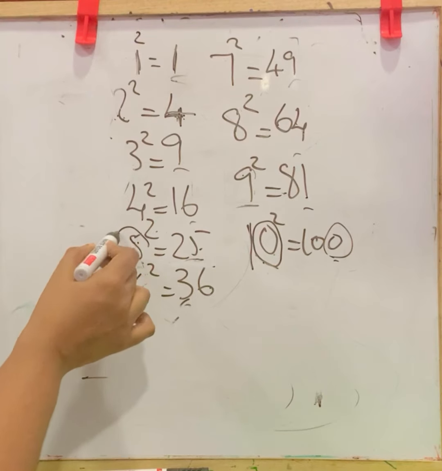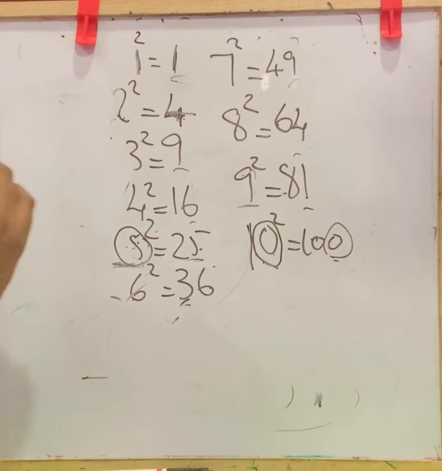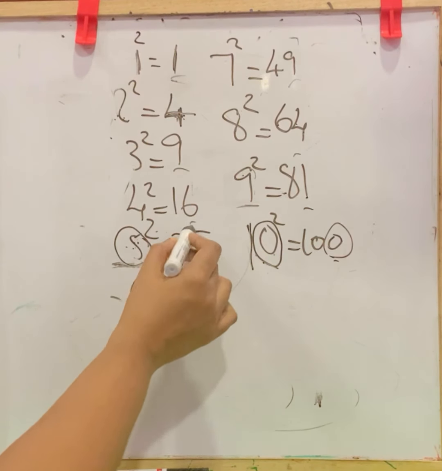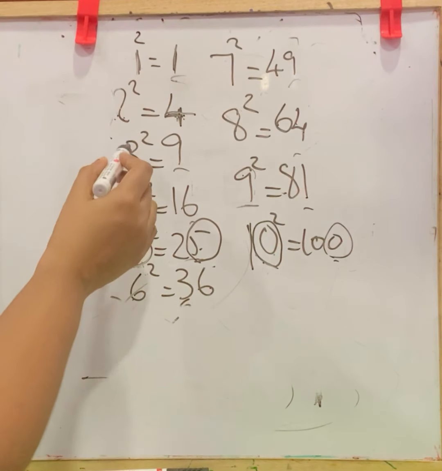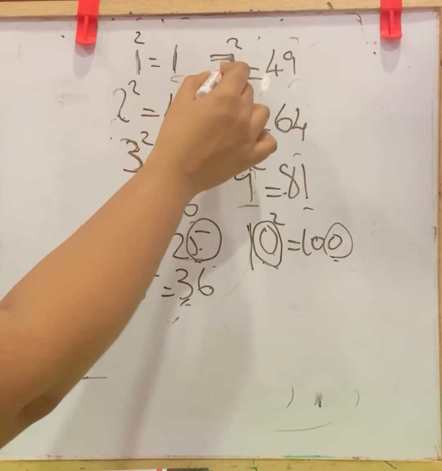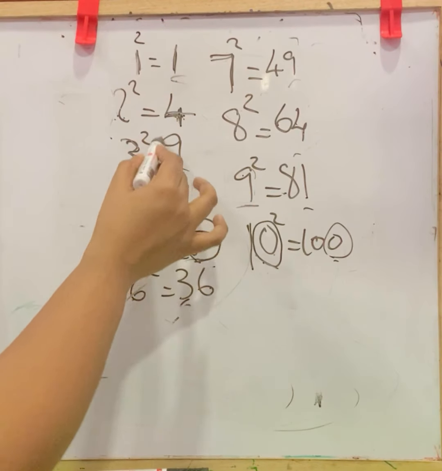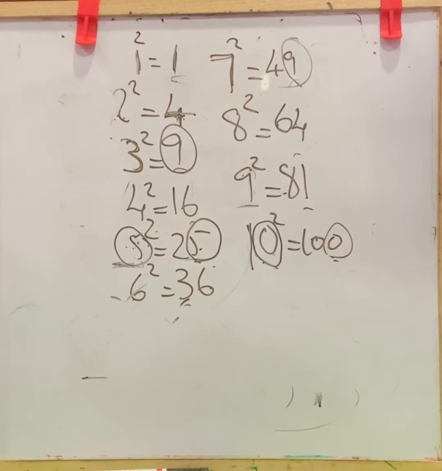Now if a number is ending with digit 5, then its square's ending digit will always be 5. Next, if a number's units place is 3 or 7, its square's units place will be 9. These are some properties of square numbers.